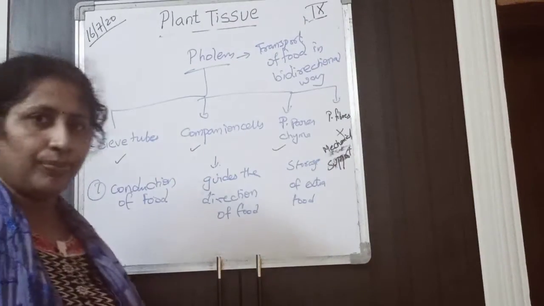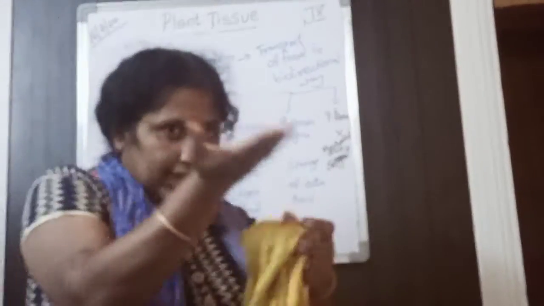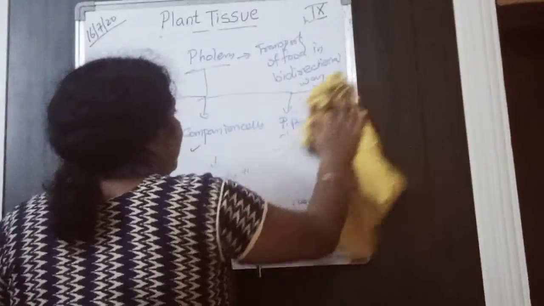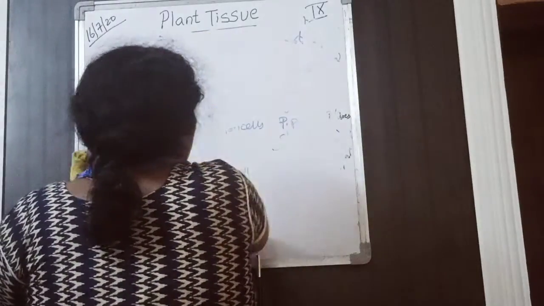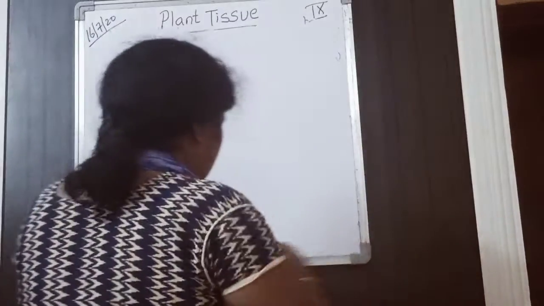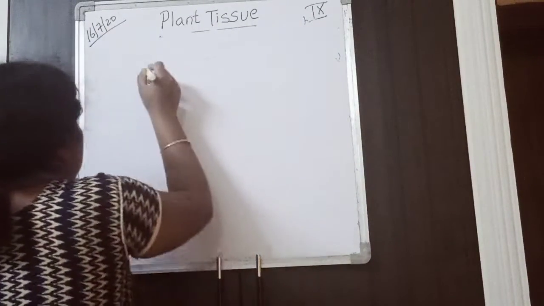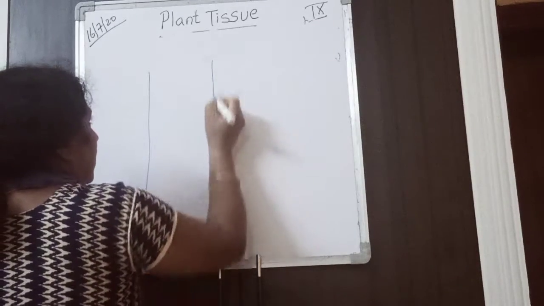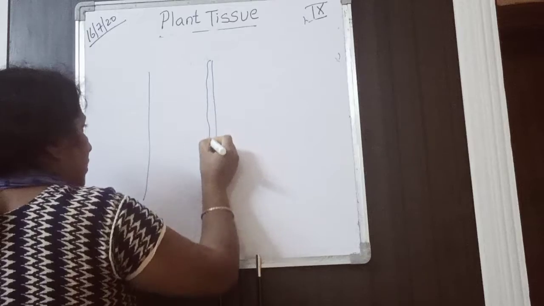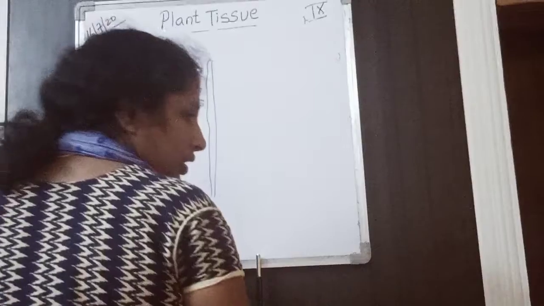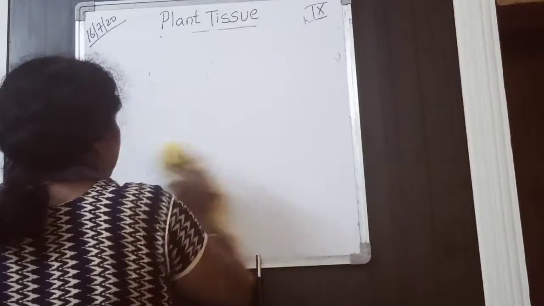Now, if you take a stem and cut it like this, a transverse section, we can see the xylem and phloem together. Xylem and phloem are arranged nearby.